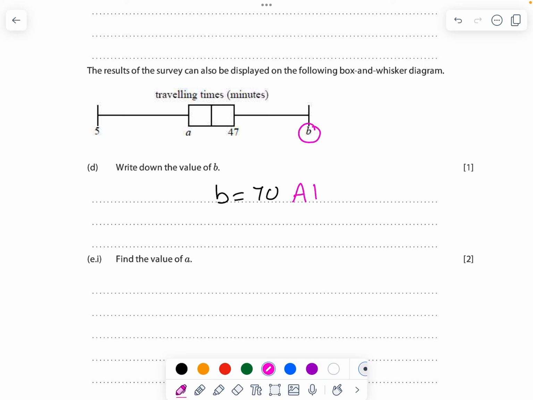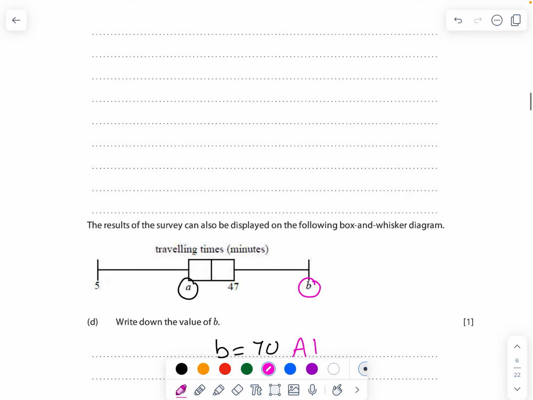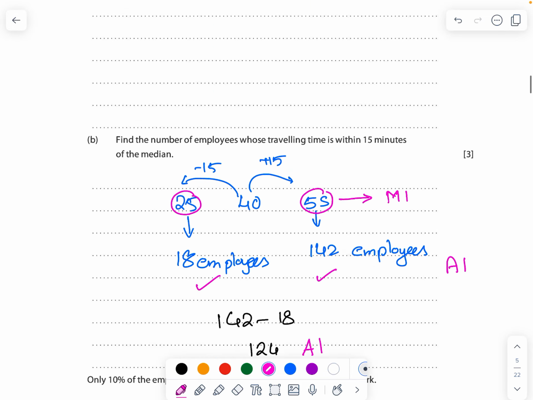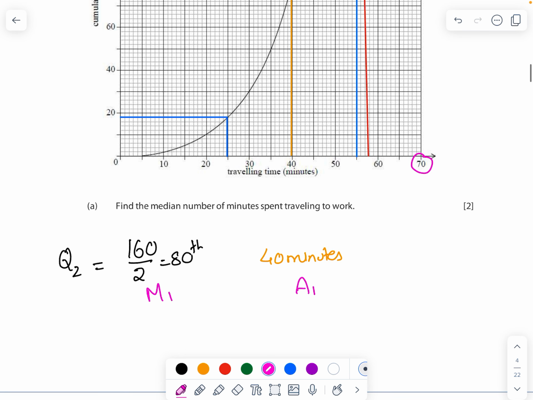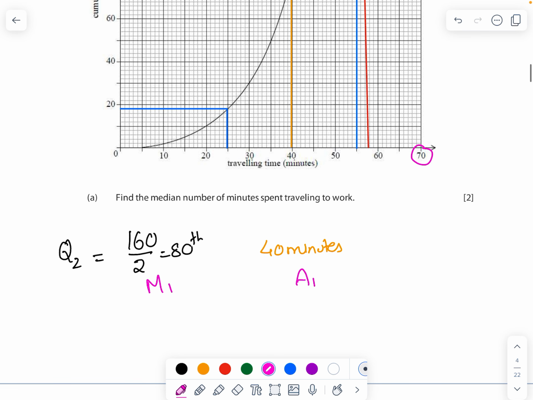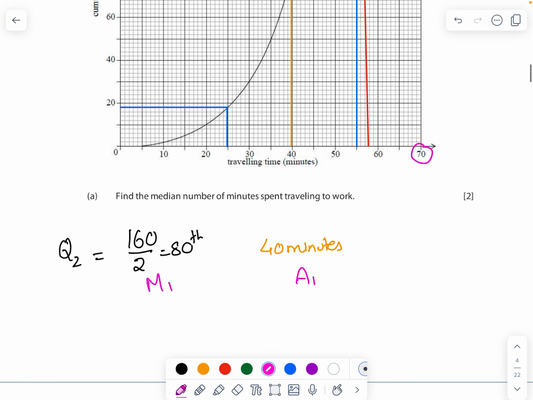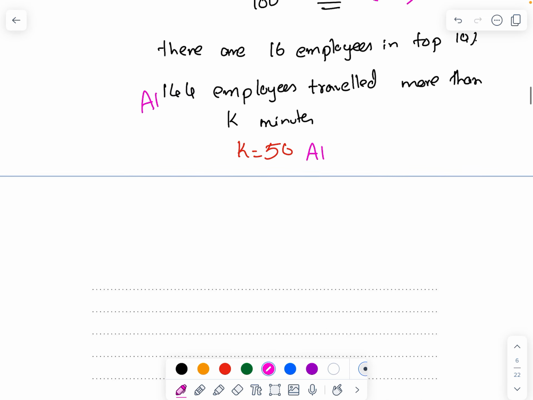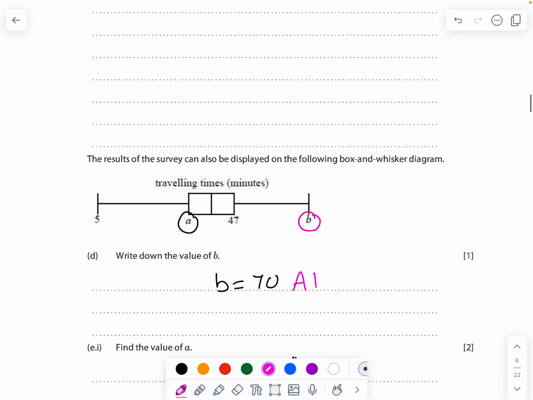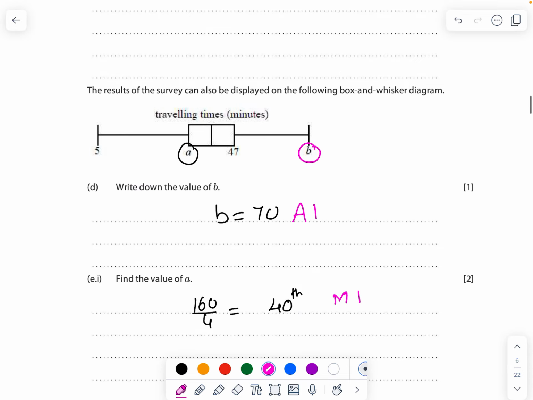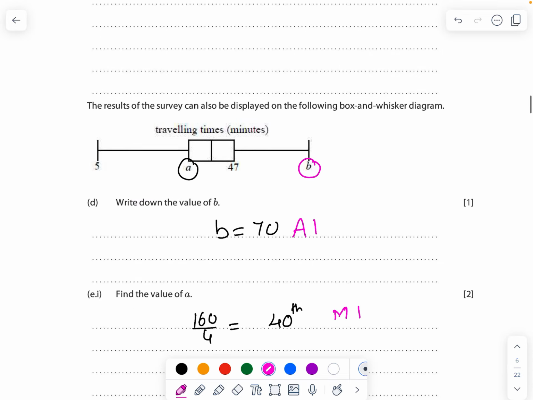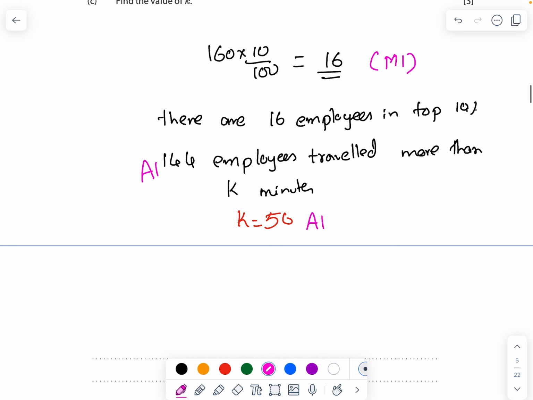What is the value of A? A is going to be your lower quartile. So 160 divided by 4, which is nothing but what? The 40th person. So this gives me M1. So from 40 employees, A is nothing but what? 40 employees.